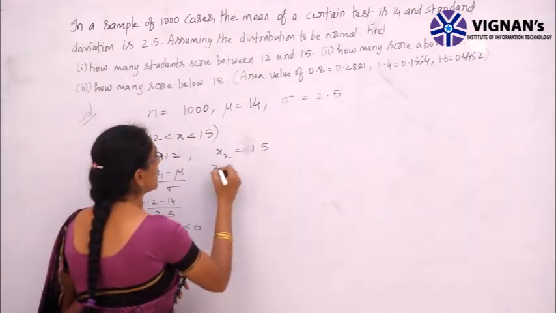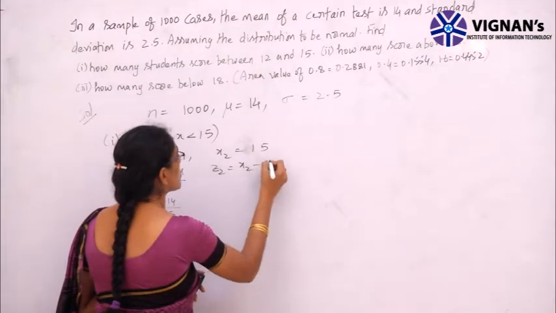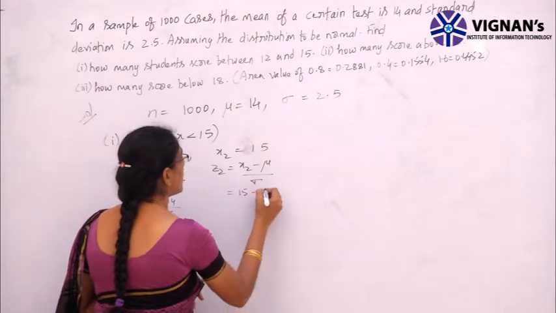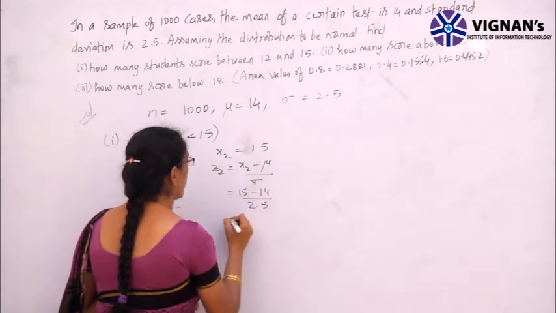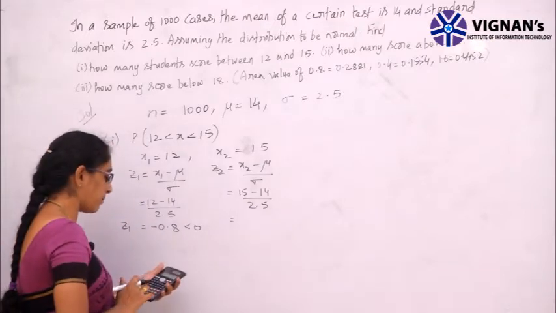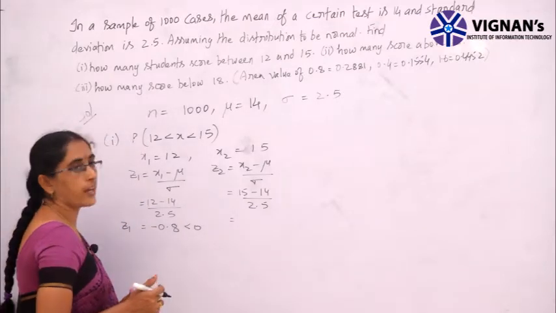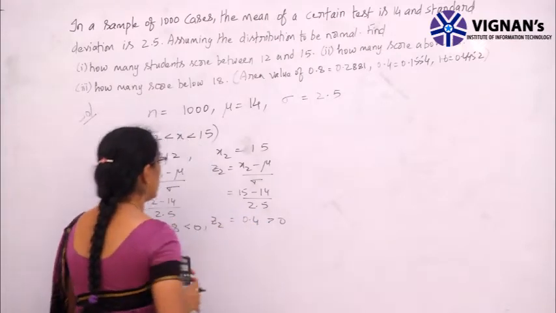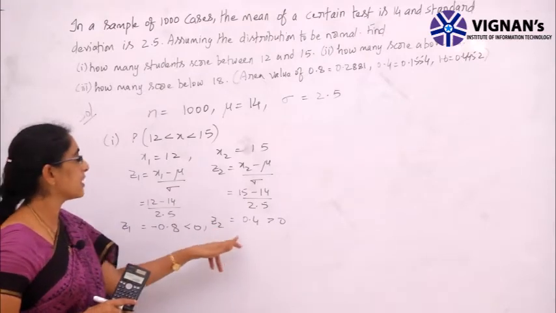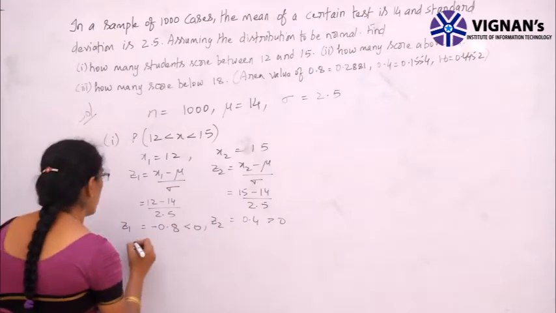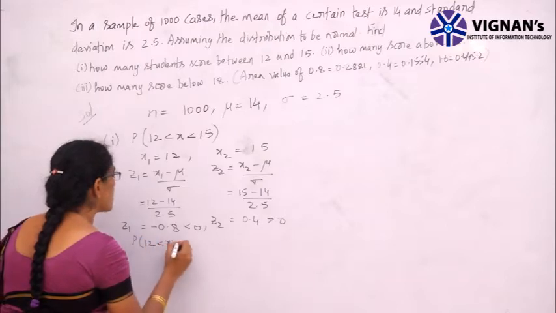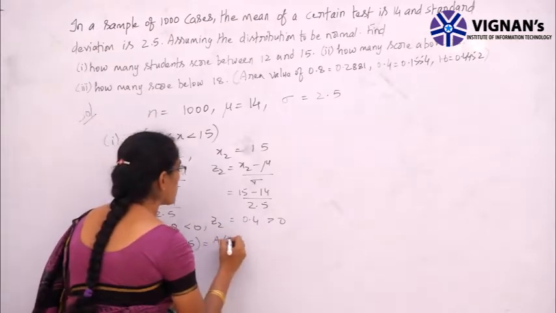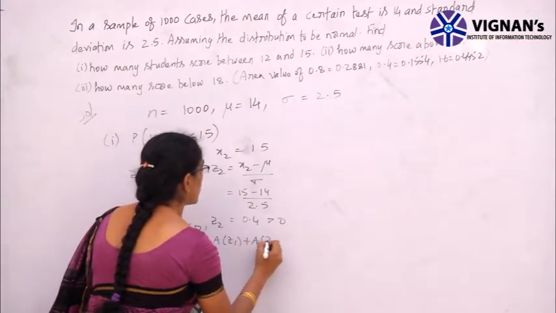Now, if you move on to Z2 here, Z2 equal to x2 minus mu by sigma. That means here 15 minus 14 by 2.5. So 1 by 2.5, 15 minus 14 is 1. So it is 0.4. So 0.4 means greater than 0. So here Z1 is less than 0, Z2 is greater than 0. So probability of 12 less than x less than 15, both are of opposite signs, so it is area of Z1 plus area of Z2 here.